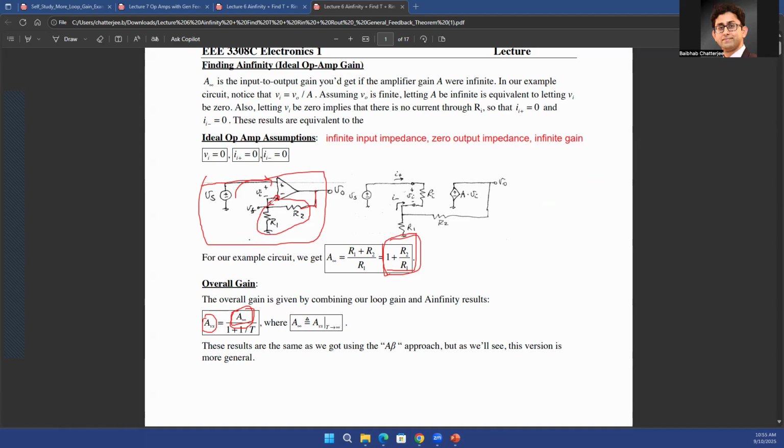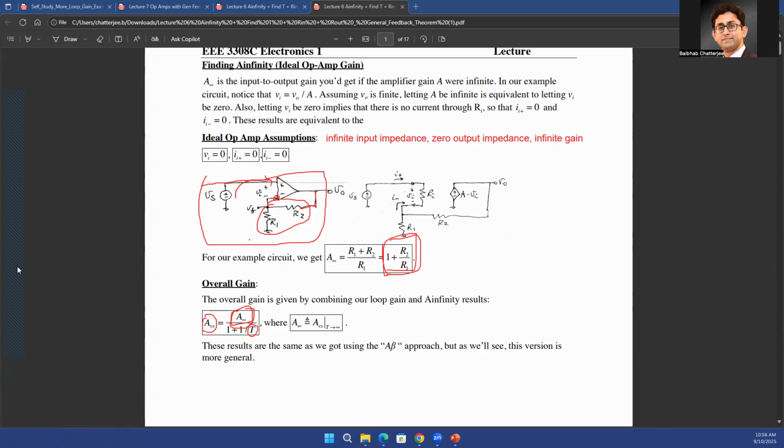But the A, or basically when you find out the overall loop gain, you will consider all the non-idealities, for example, the non-ideal input impedance or the non-ideal output impedance of the op-amp. So all those non-idealities will come inside this T, inside this loop gain factor. So that's the method we are going to apply: your numerator, ideal op-amp; your denominator, you look into the non-idealities. And that will make your analysis really simple, as you'll see in the example in the next slide or the next page.